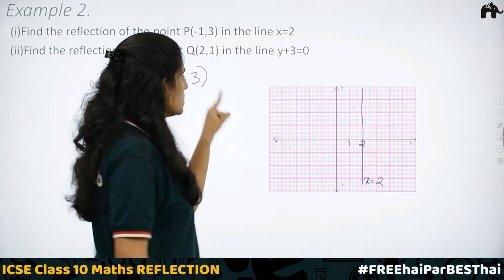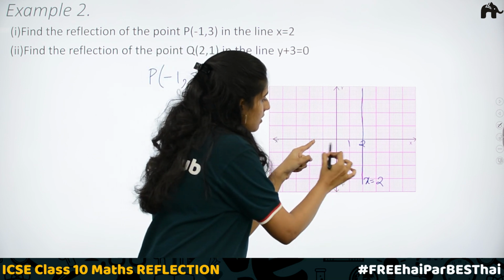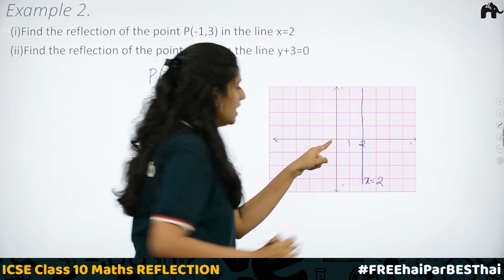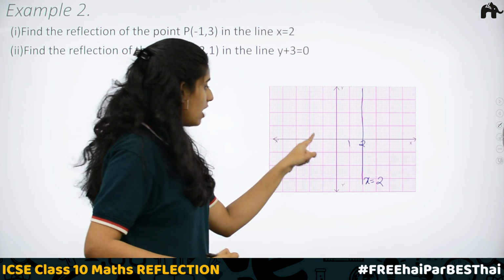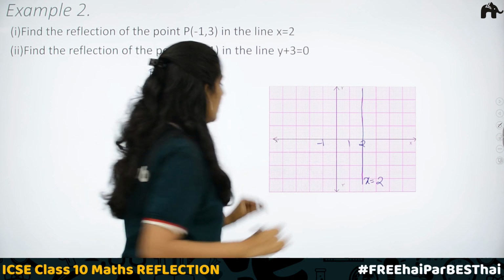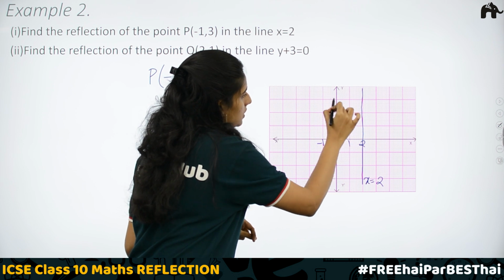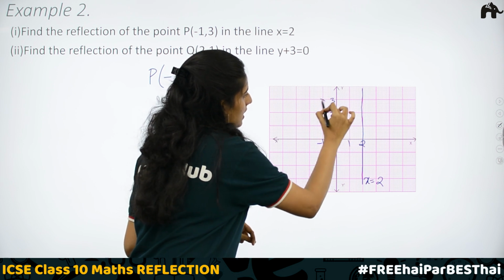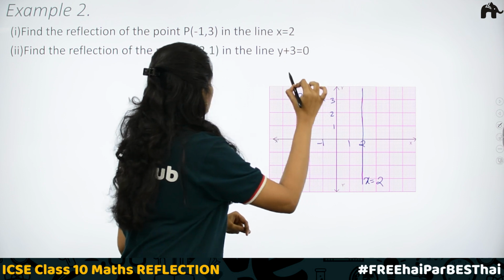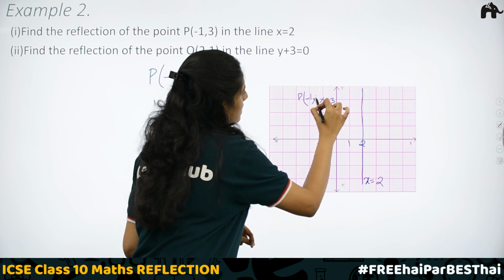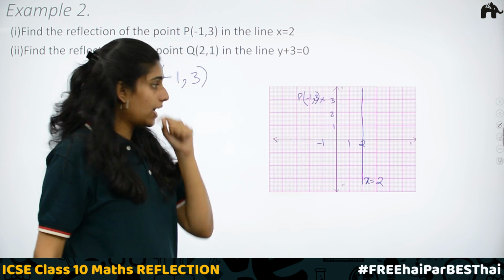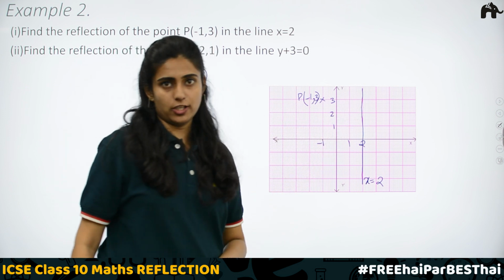Where do we get minus 1, 3? Here, minus 1, along the negative x direction, and 3 above the x-axis: 1, 2, 3. So, here I will be getting the point P minus 1, 3.